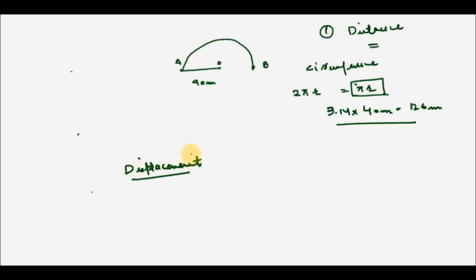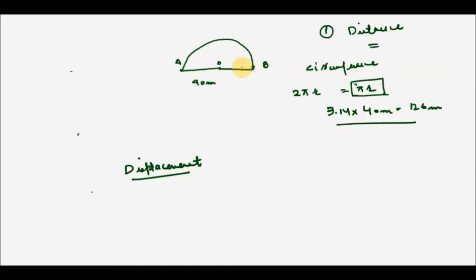Now, as already defined, displacement is the shortest distance between 2 points, or I can say it is the length of the straight line between 2 points. So the length of the straight line is AOB.